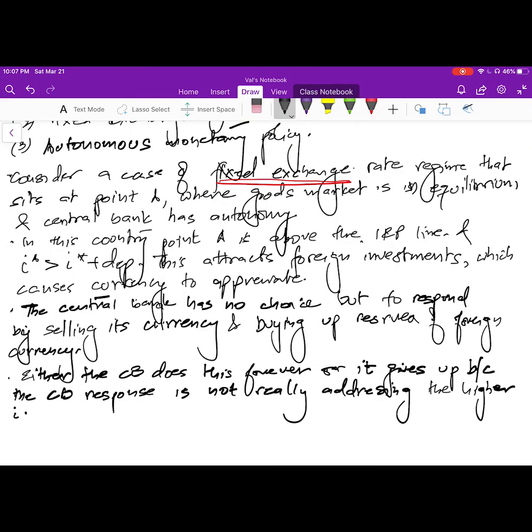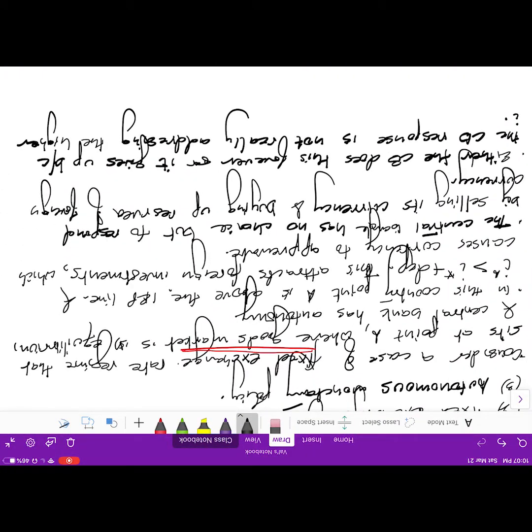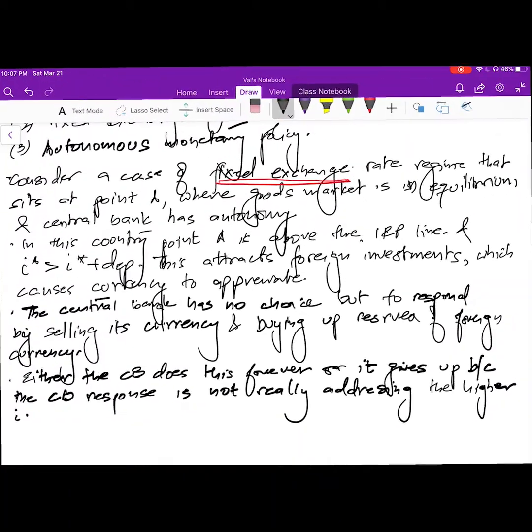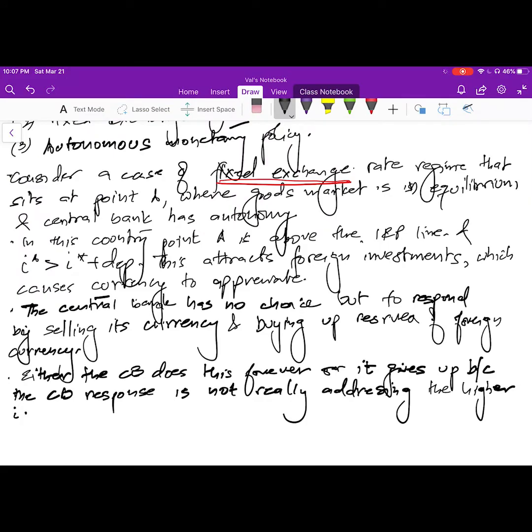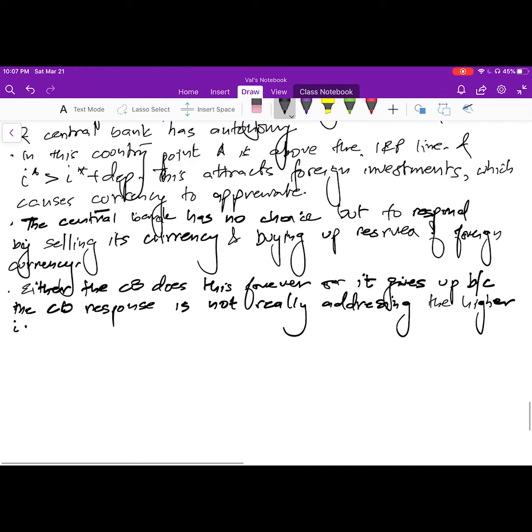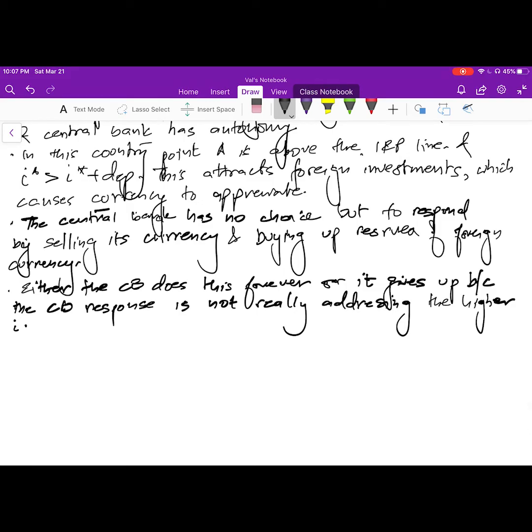Right? The central bank response, we know, is not really addressing the higher interest rates. So central bank policy is not really addressing the higher interest rate problem.